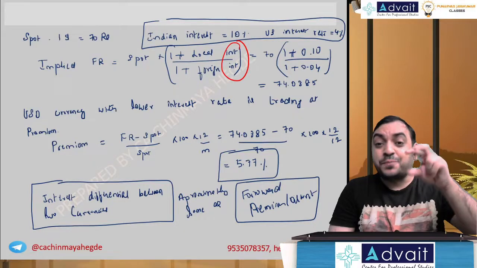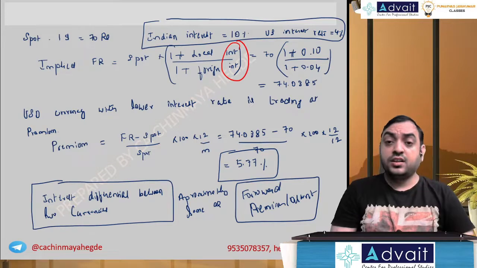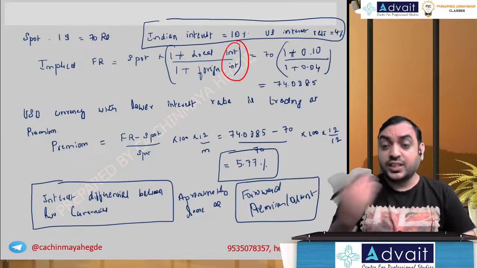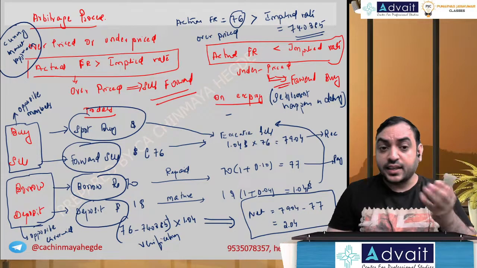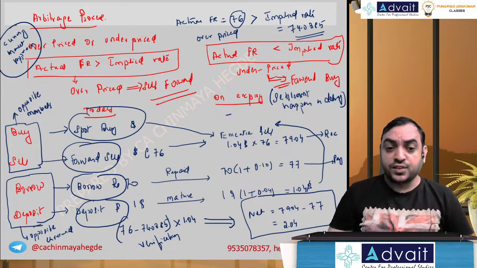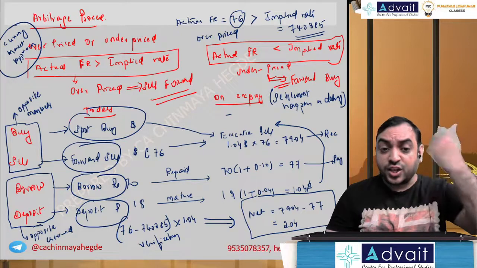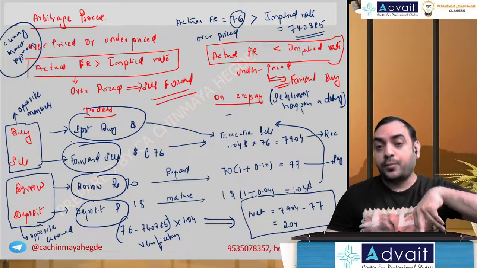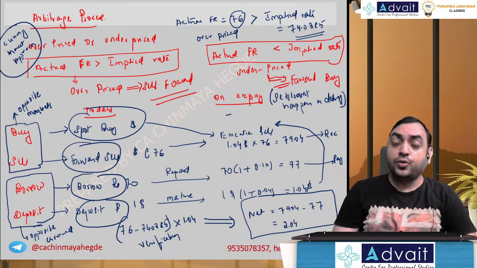So when a spread is given, either in the interest rates or in the exchange rates or both, we can't identify this. Overpriced, underpriced does not work when a spread is given. In that case, you should try both the alternatives. What alternatives? You do spot buy, forward sell. What will happen? And spot sell, forward buy. What will happen? You should try both the techniques and see what will happen to you at the end.